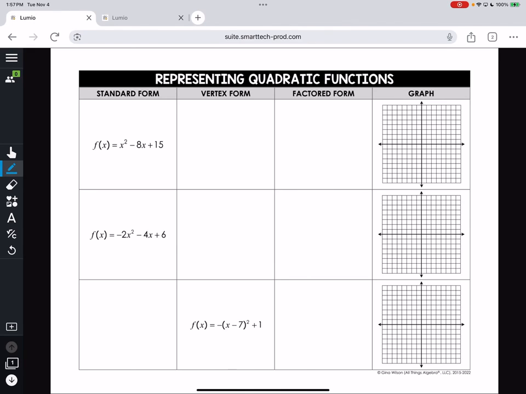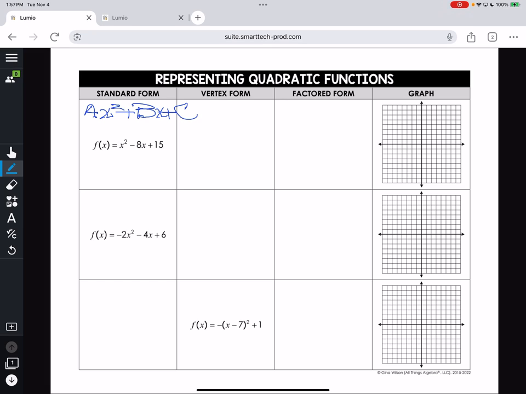But I'm going to put the forms back up here. Your standard form is going to be ax squared plus bx plus c, where the capital letters are numbers.